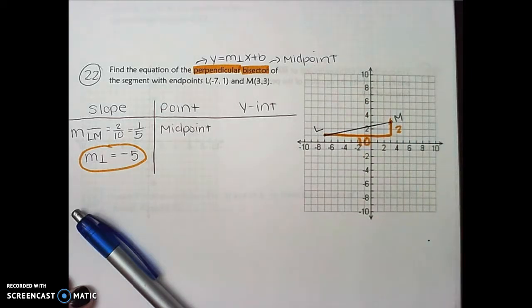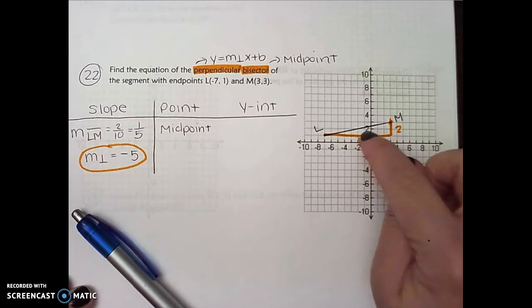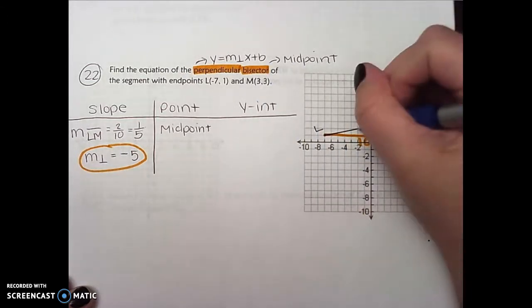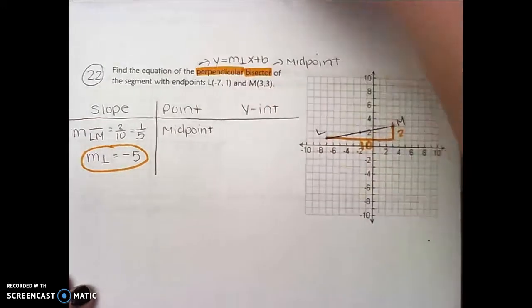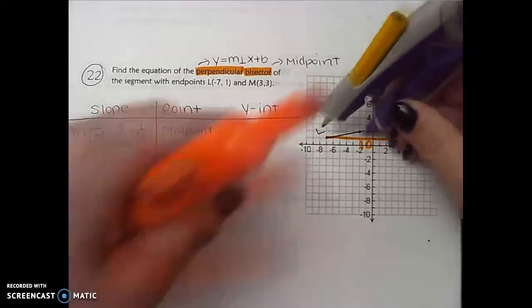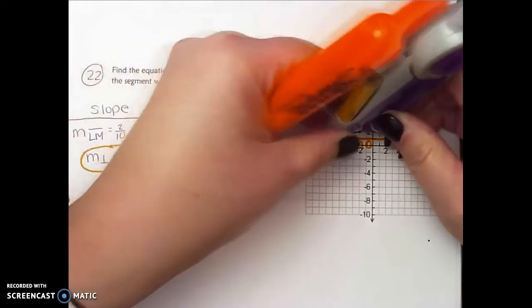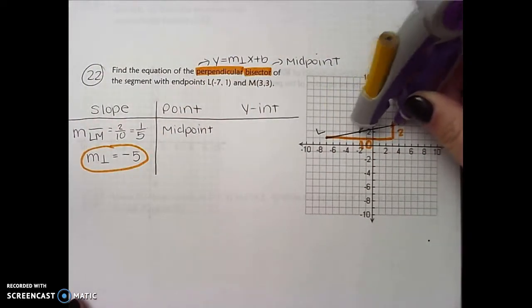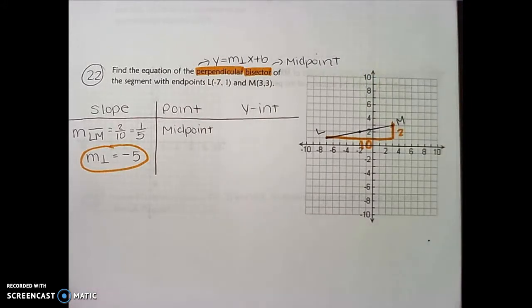I have two options here as well. I can use the graph, which is what I'm going to do, and just eyeball it. I could verify it with my compass as well, so the distance from L to my midpoint is the same as my distance from my midpoint to M. Or I could use what I learned about partitioning from our prior unit and use a ratio of 1:1 to partition this segment.